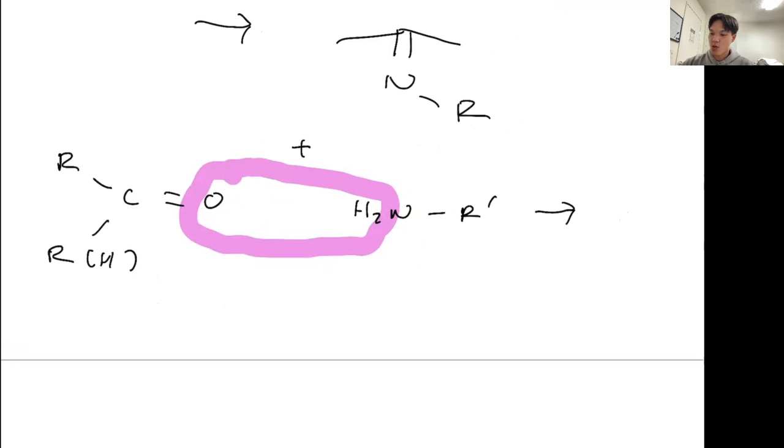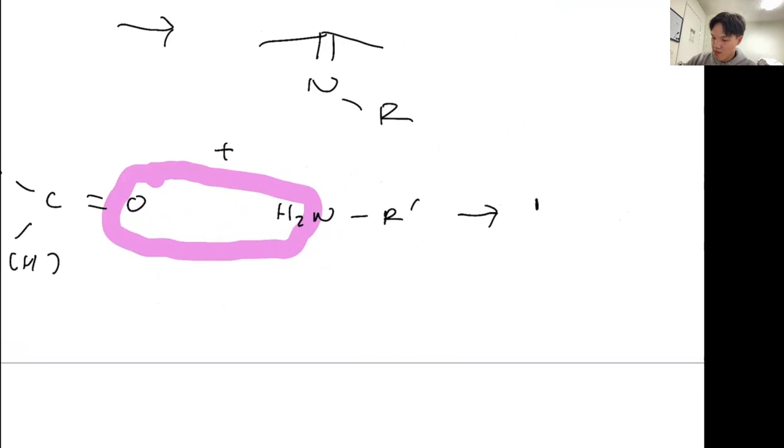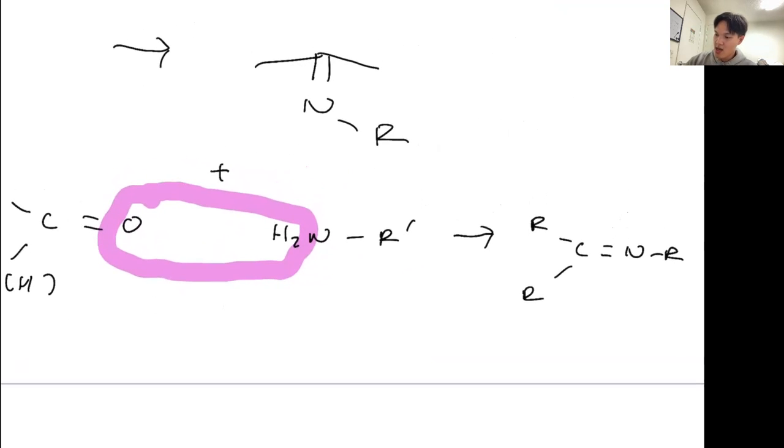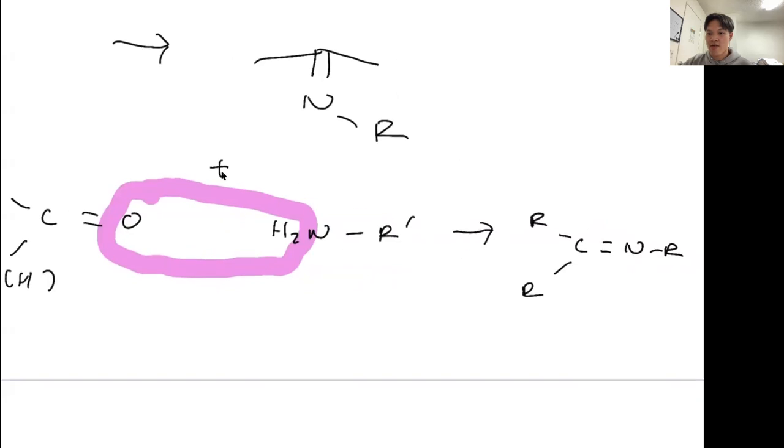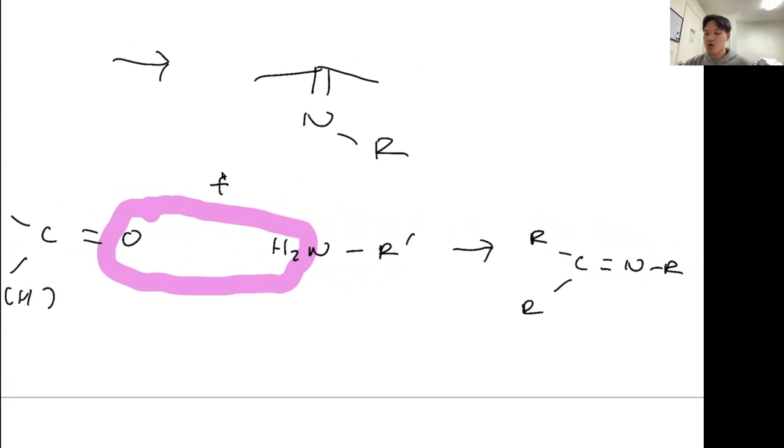If that happens, we form this compound, RCR, and then double bond NR, right? Can you see how that happens? The water is basically going to be taken out. The O is going to be replaced with the nitrogen, and then this R group, whatever the R group is. So that's just a little shortcut.